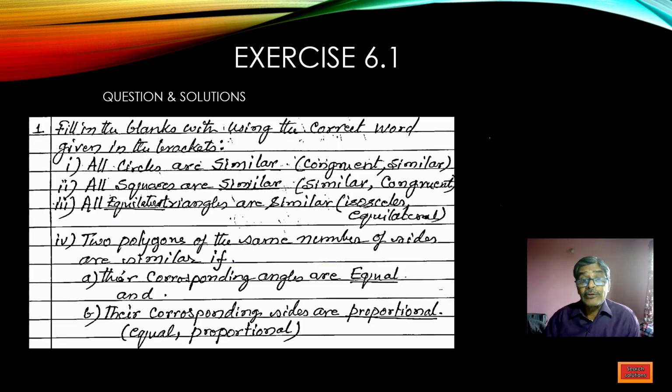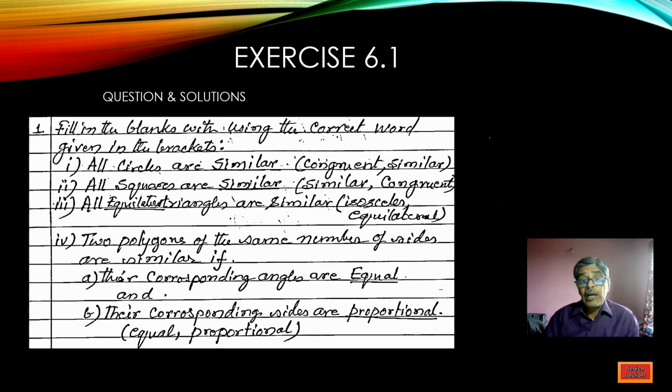All squares are similar. Yes, they are similar. I can draw a small square as well as a big square, so they are not congruent. Then all equilateral triangles are similar. Is it the isosceles triangle which is similar, or the equilateral triangle? That is the question.